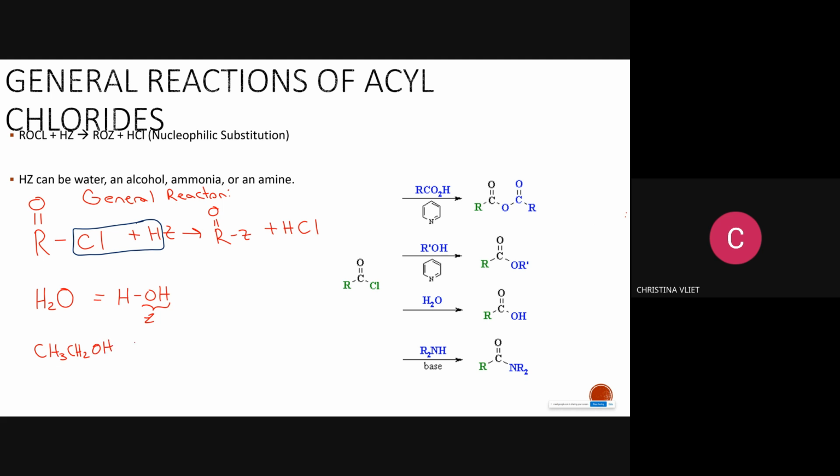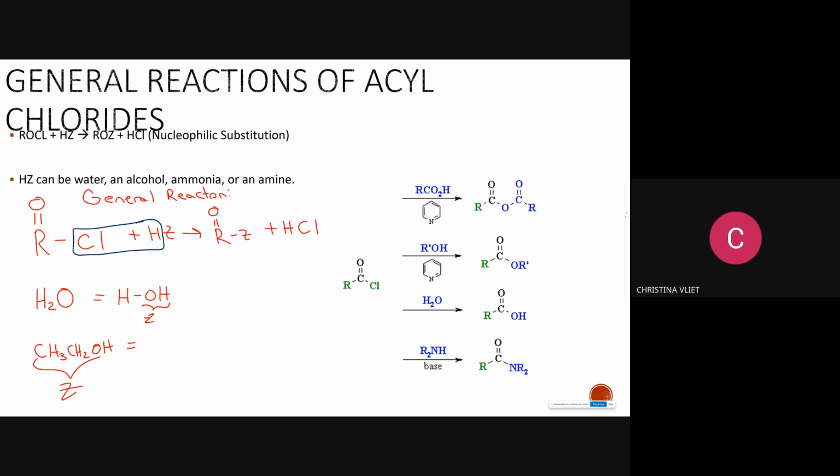What would Z be here? The H is going to go, right? So this whole thing would be Z, right? So the hydrogen goes, and then anything else that's left is whatever your Z is. We're obviously going to check this out, but these are some examples of some things you can do.